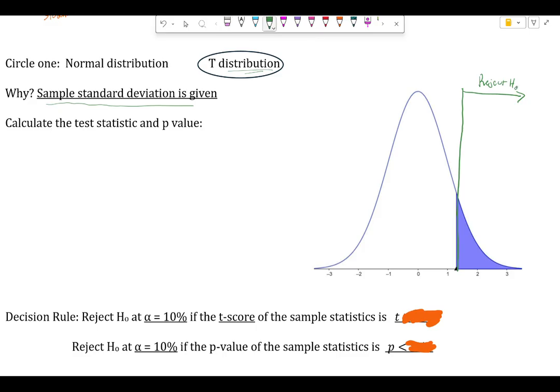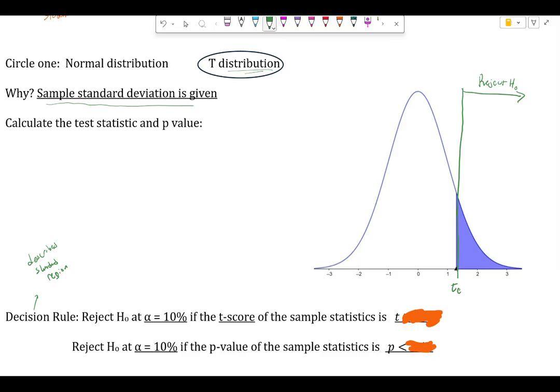And the decision rule, again, describes the picture or the shaded region. So we're going to reject the null at alpha equals 10% if the t-score of the sample statistic is bigger than whatever this t-critical value is. This t-critical value is going to come from either inverse t or the t-distribution.